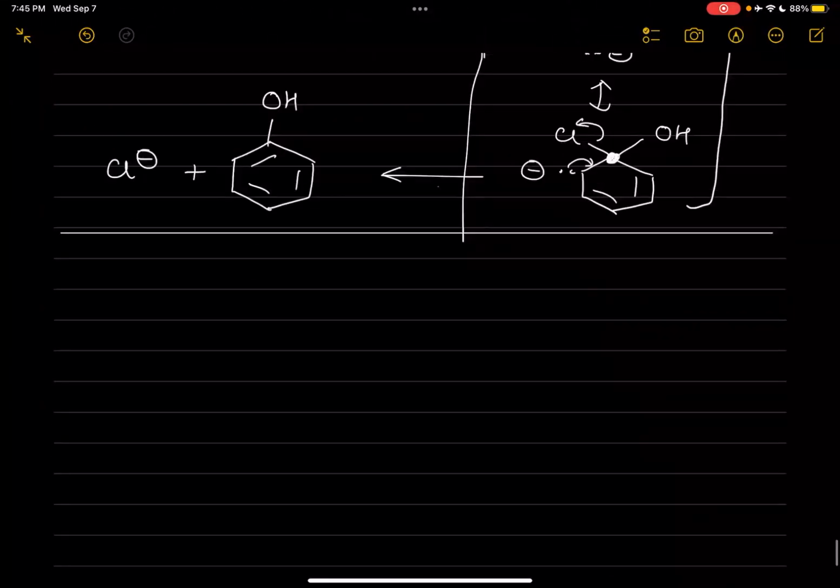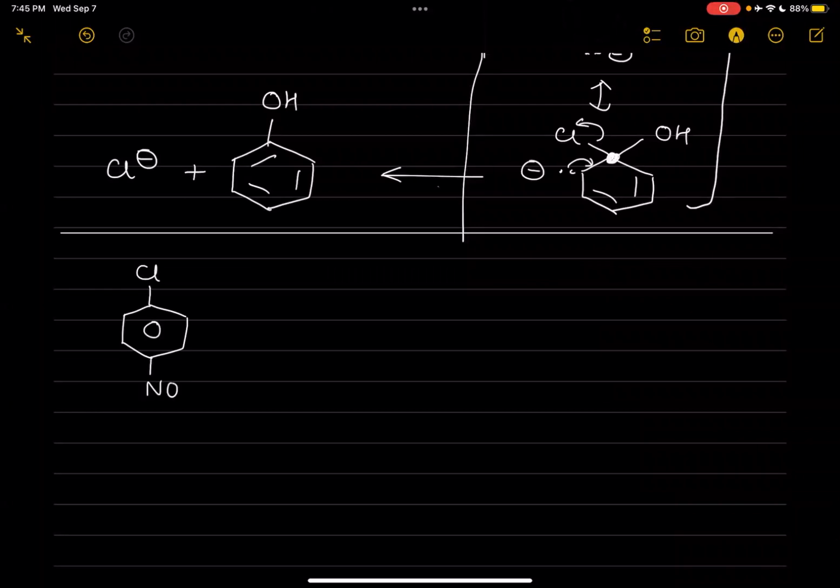You need to have it in your mind that it is going to be a difficult step. Suppose I ask you where the OH minus is going to come and join easily. Imar, which compound is more reactive towards reaction with OH minus, A or B?